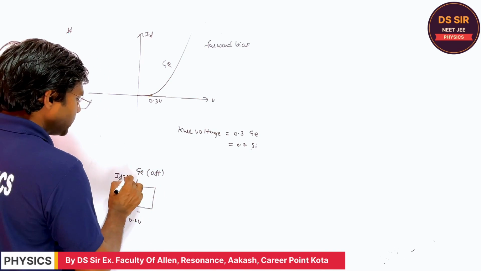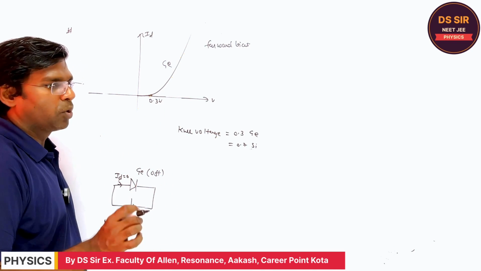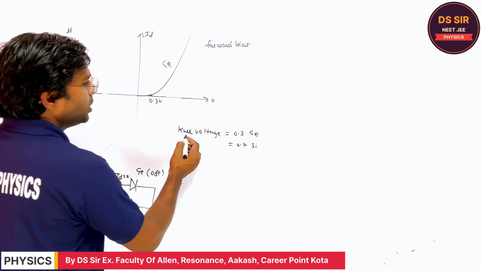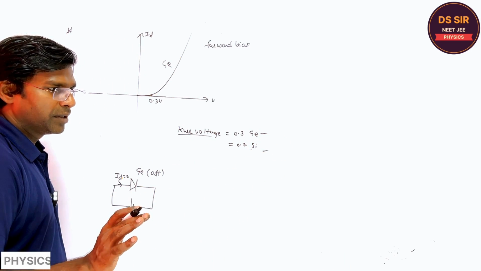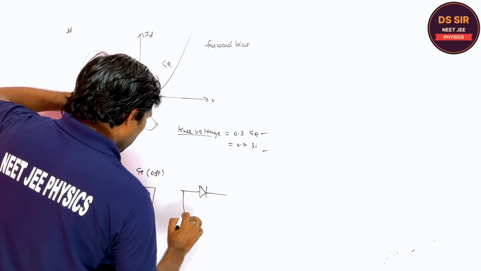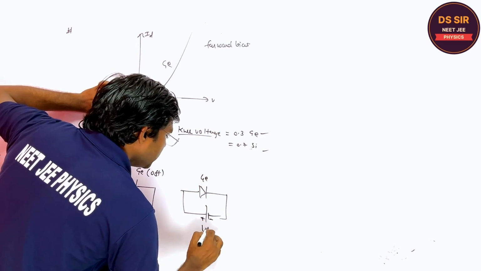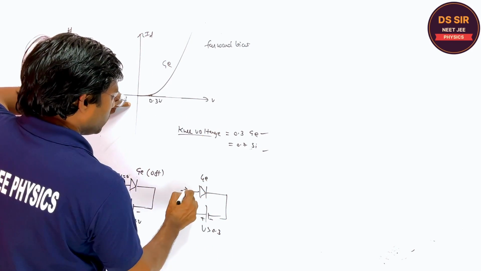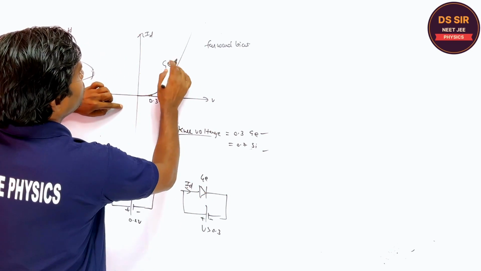To turn on this diode, a minimum potential of 0.3 volt is required. So this is called the knee voltage, for germanium. Are you getting or not? But if the voltage is greater than 0.3 volt for germanium, the current in the diode is this. Do you understand?